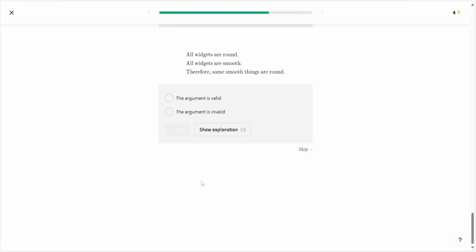Okay, so all widgets are smooth. Therefore, some smooth things are round. I'm confused. Right, all widgets are round. Some smooth things are round.